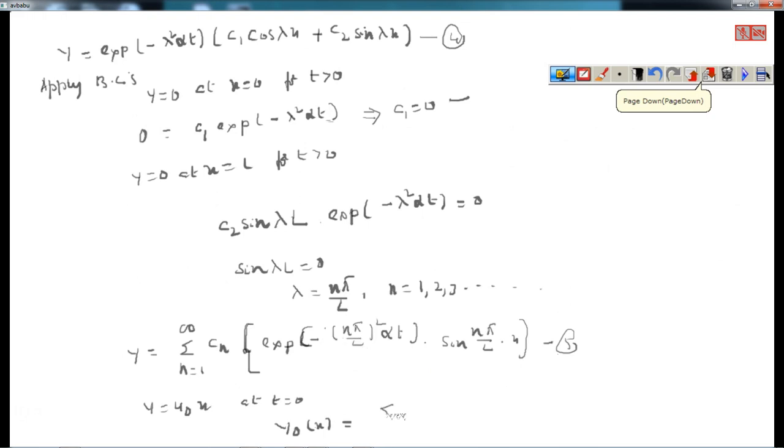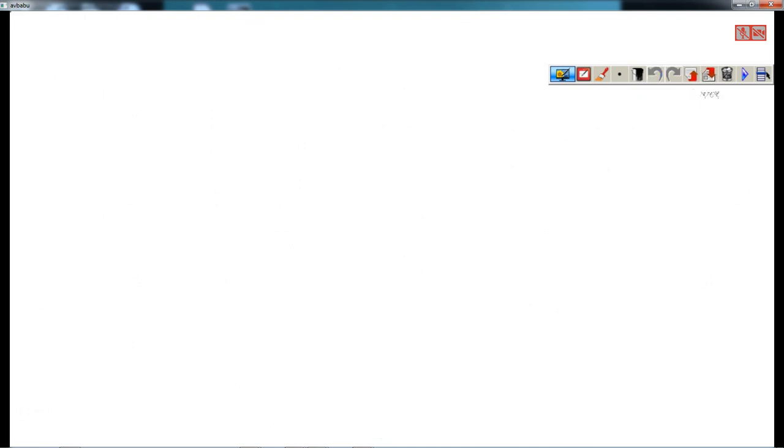Therefore y0 x is equal to sigma n is equal to 1 to infinity Cn sin n pi by L into x.